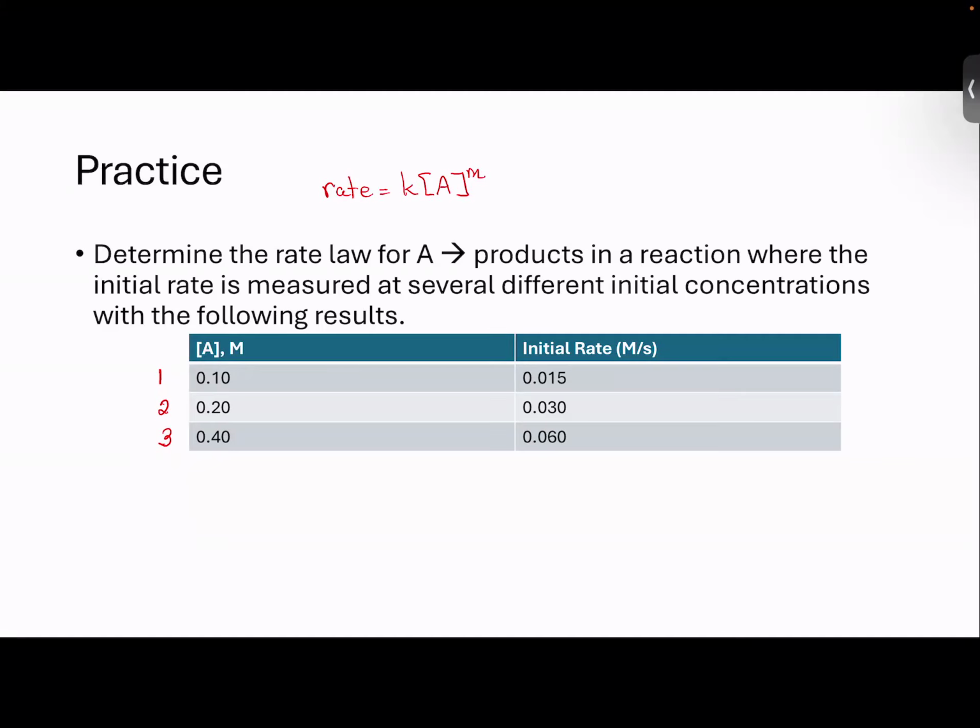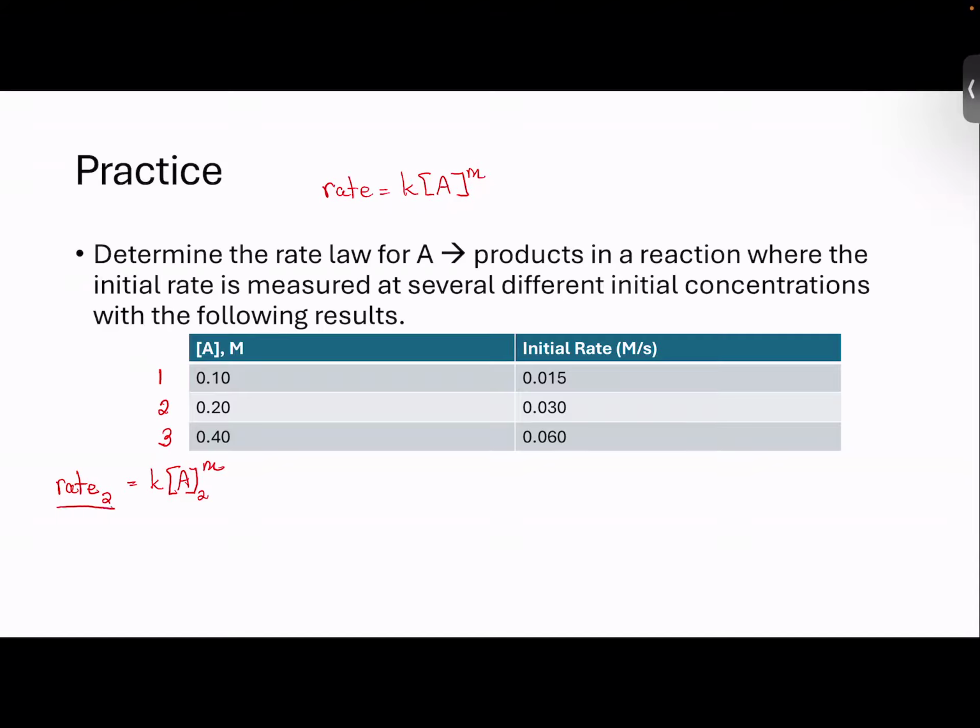Now, I said we're going to start by writing the generic rate law. We're then going to make a ratio. What I mean by that is we're going to take rate of reaction, and it doesn't matter which one you choose, you'll get the right answer, but I'm going to choose rate of reaction 2 is equal to the rate constant times A of reaction 2 raised to its order.